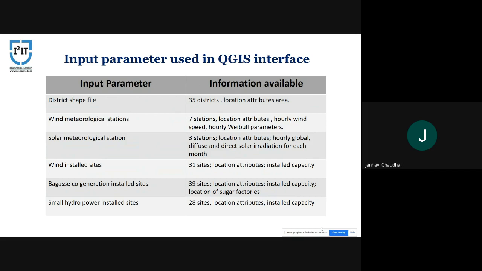Solar meteorological stations, there are total 7 stations. Wind installed sites, there are total 31 sites available. Bagasse cogeneration installed sites, there are 39 sites which are located around sugar factories. Small hydropower installed sites, there are 28 sites.